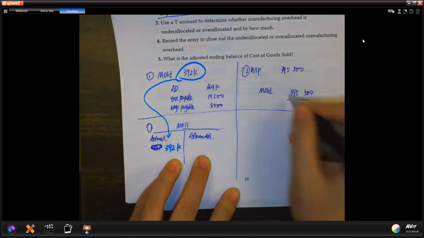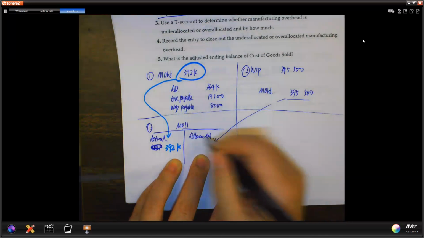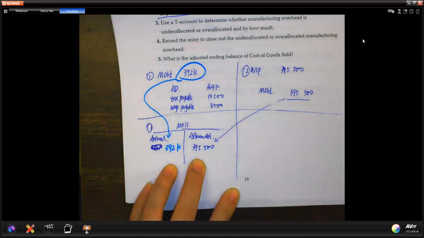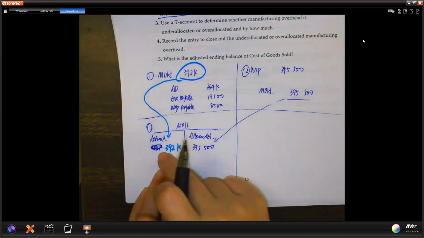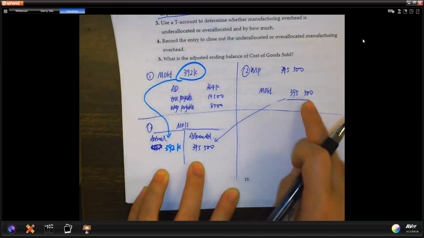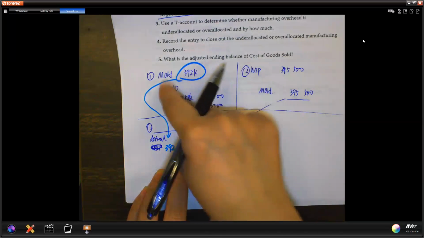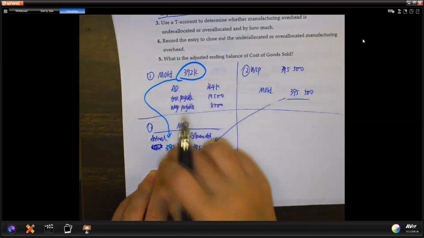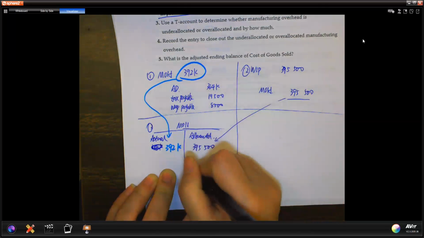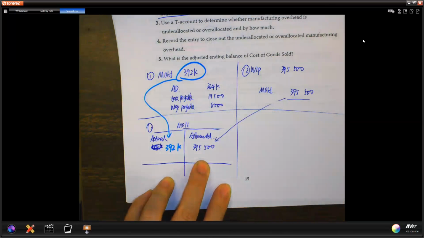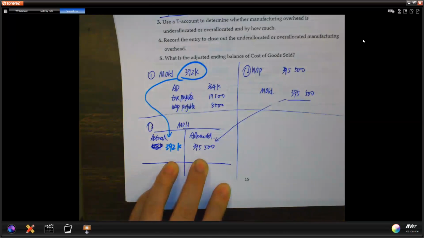And your allocation is 395,500. So your actual debit is your 392. Your credit is your allocation, 395,500. So this is the incurred, and this is your allocated. You over allocated or under allocated. I want to hear the answer.